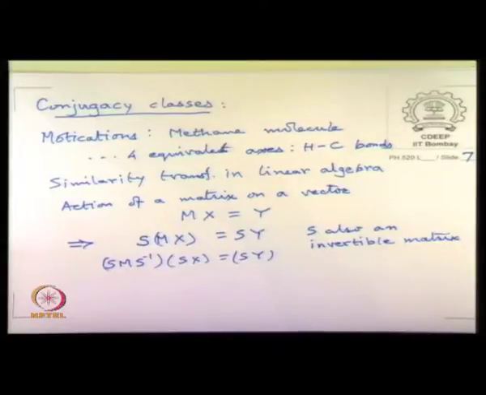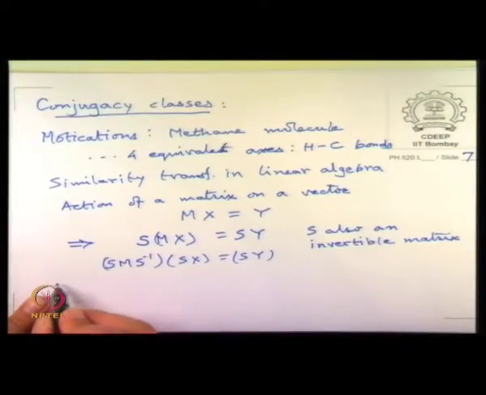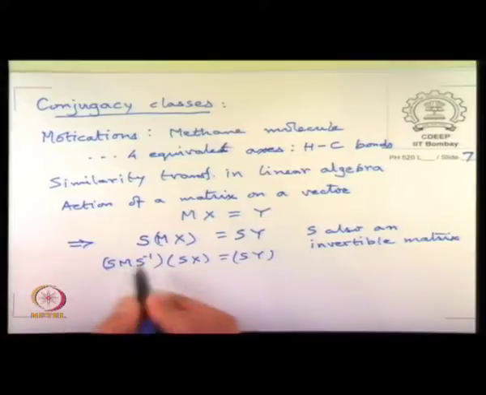So if the vector space is transformed using S from V to V, an internal transformation, sometimes called an automorphism, then correspondingly the matrices have to be transformed by SMS inverse.